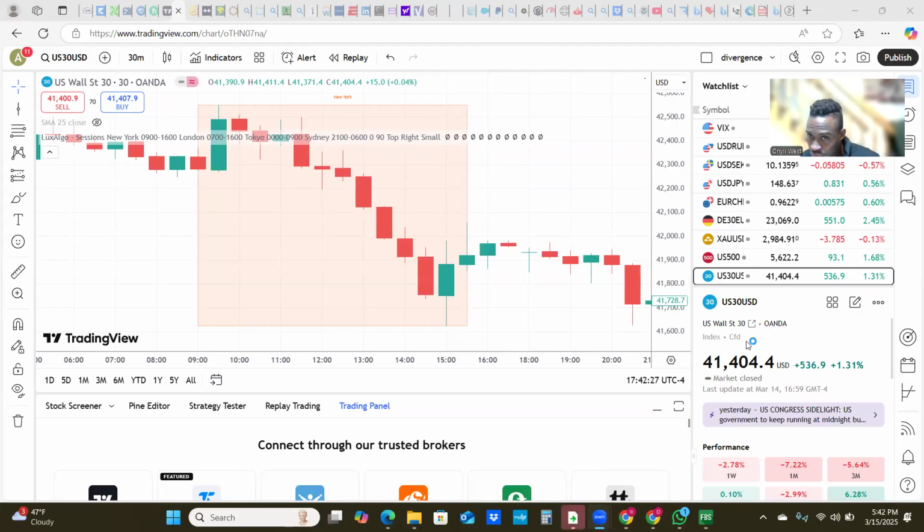Okay, ladies and gentlemen, this is a continuation of where we stopped, the 1 hour backtest for the weekly. So we're gonna do the half an hour backtest for March 10 to 14, 2025, using the same logic like we did for the 1 hour.